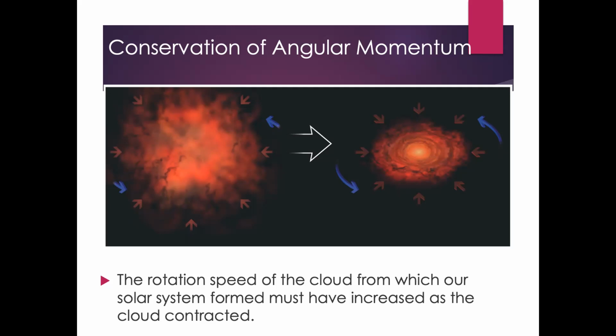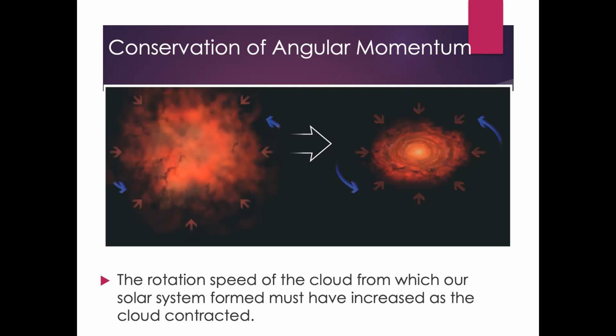Having momentum depends on how fast you're moving and how much mass you have. Angular momentum is kind of like that, but having to do with rotational motion as opposed to running in a straight line. So something that spins has angular momentum.